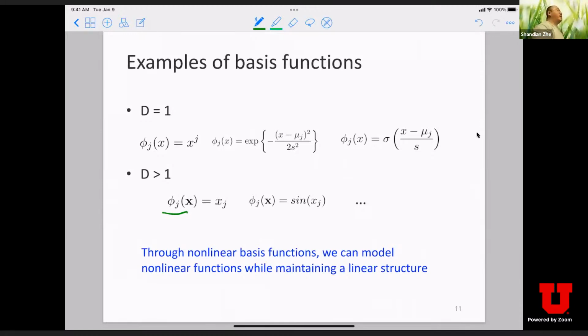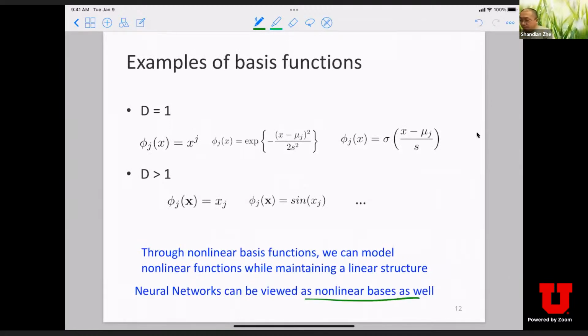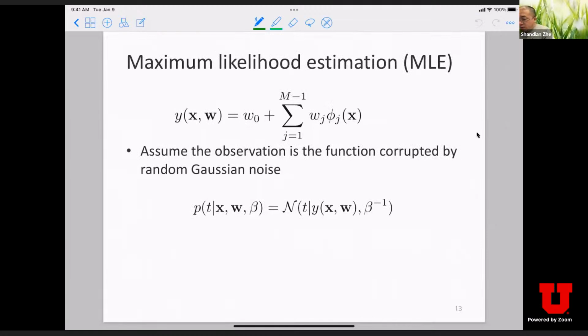So actually this generalized linear model structure subsumes the commonly used neural networks. This is a really expressive or flexible definition. Any questions so far? Okay, great. Yeah, neural networks can be viewed as nonlinear basis as well.